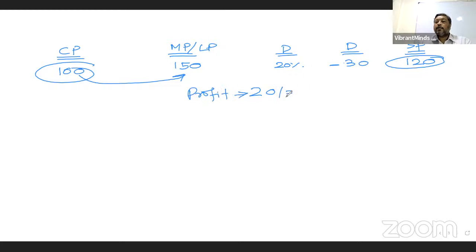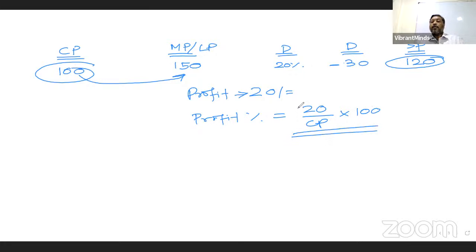rupees 20. And when I have to find profit percent, it will be 20 by profit by cost price into 100. Okay, that is profit by cost price into 100. So 20 by 100 into 100, and that will give me how much? 20%.